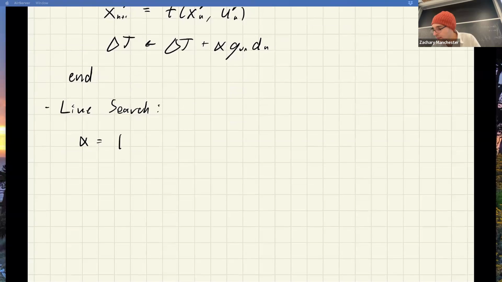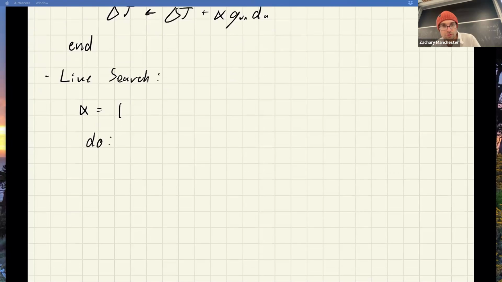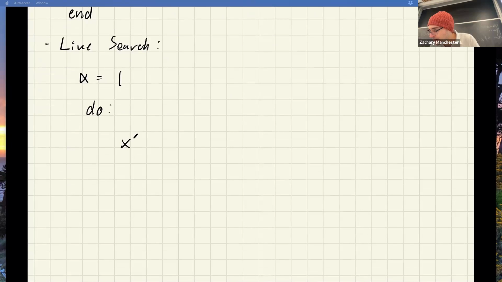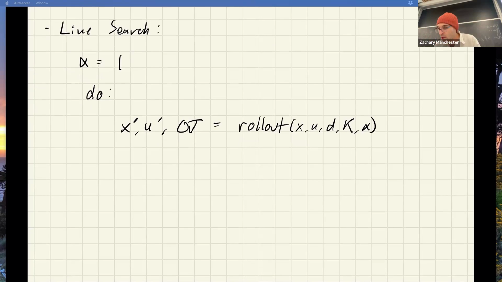So we start with alpha equals 1, and then we're going to do the following. We're going to calculate our x prime, u prime, and delta J using that rollout procedure we just wrote down above, which depends on x, u, d, K, and alpha. Then we're going to chop alpha down by some factor if we don't satisfy the Armijo conditions, which are the following, and again this is the same stuff we've been doing.